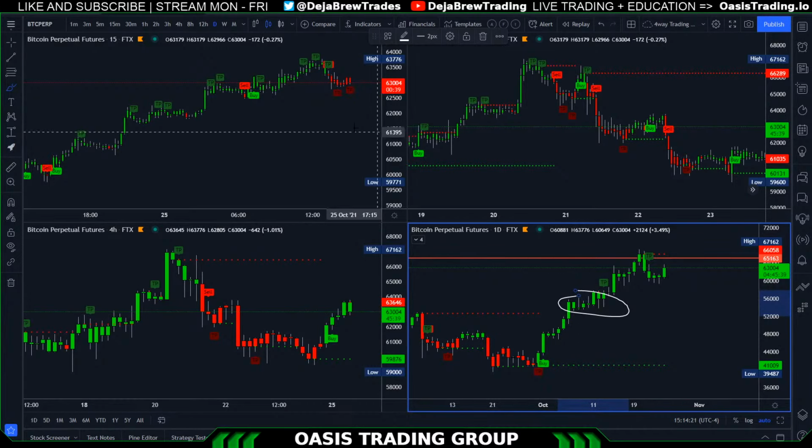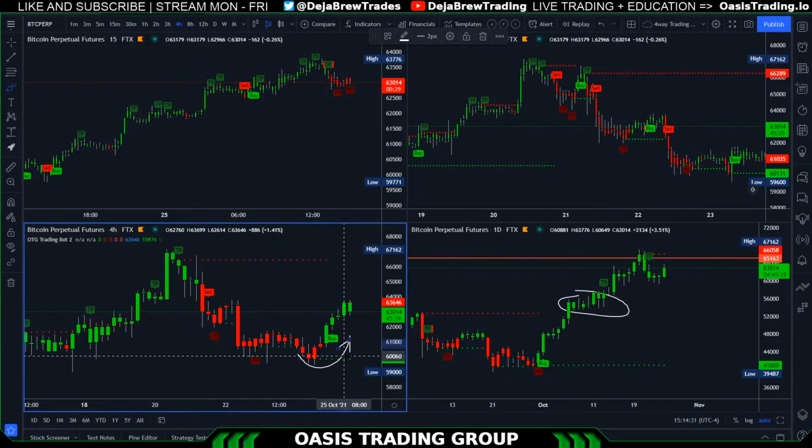So we have the waterfall technique showing us that we're pulling back pretty deeply all the way to the 12-hour. But then once that flips back into a buy, once again, like I said earlier, that could be a re-entry point. So if you're already in a trade and maybe you didn't get the size that you wanted, but now we're flipping back into buy signals on those other time frames, you could add on to your position, right?